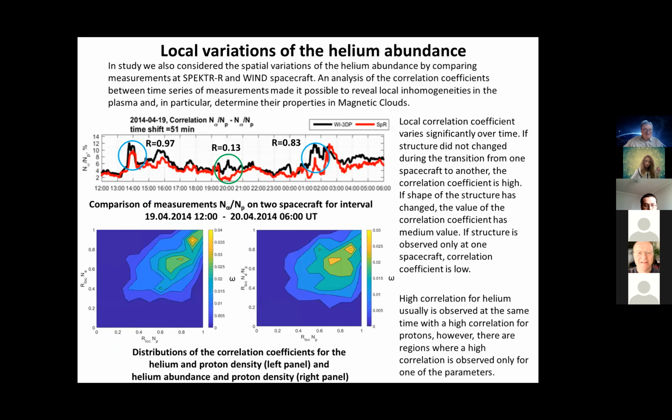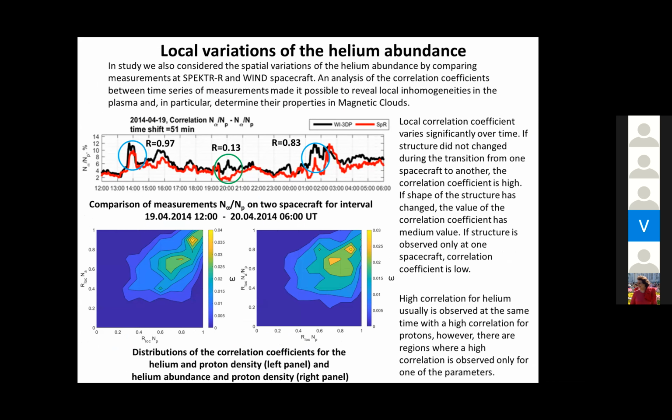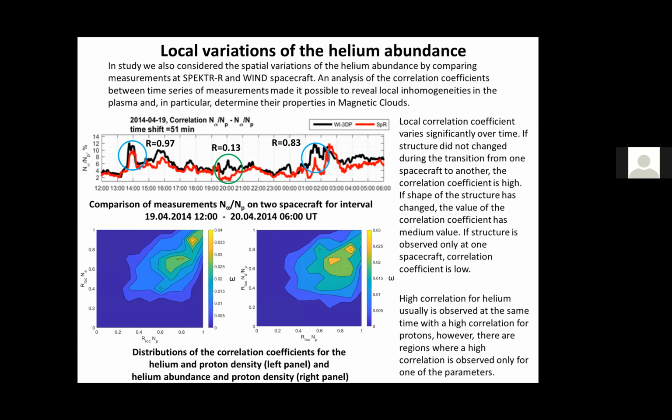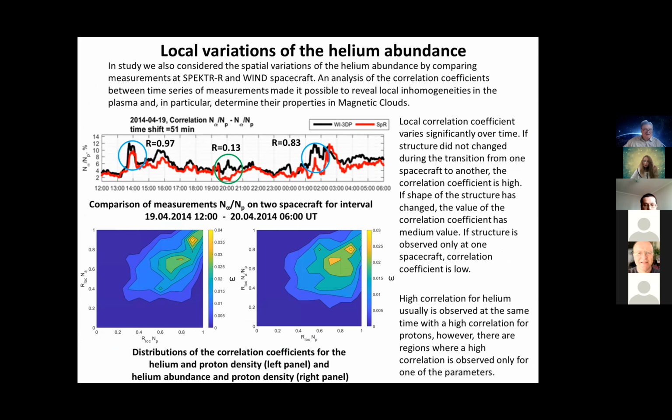In the study, we also considered the spatial variation of the helium abundance by comparing measurements at the SPECTR and Wind spacecraft. An analysis of the correlation coefficient between time series of measurements makes it possible to reveal local inhomogeneities in the plasma and, in particular, determine their properties in the magnetic cloud. The local correlation coefficient varies greatly over time.